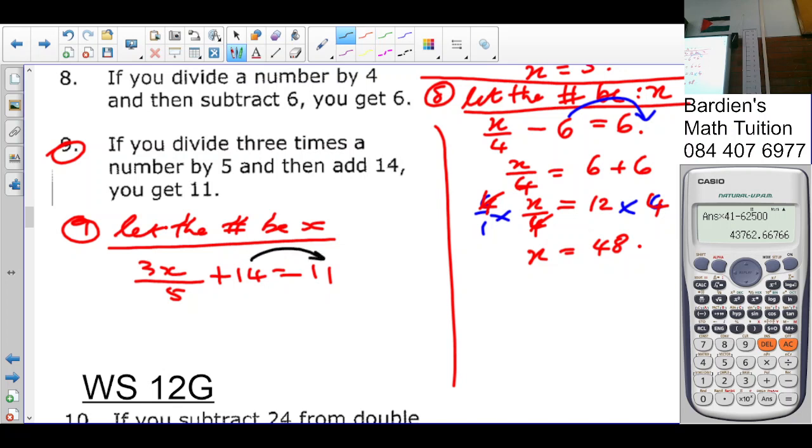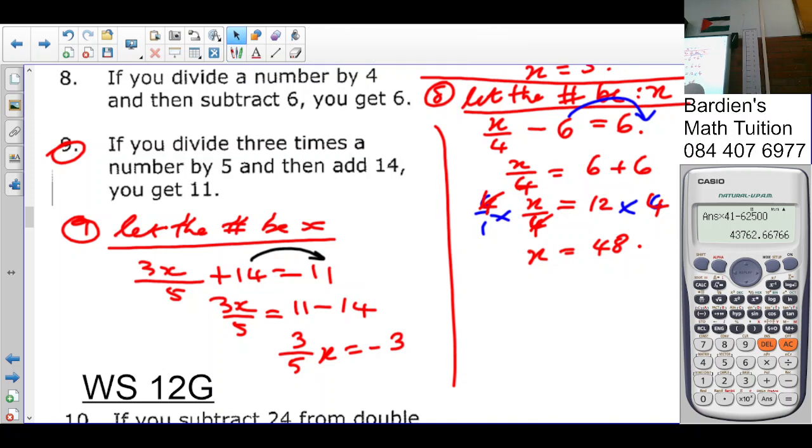Take the 14 over the equal sign. Here comes 3x over 5 is equal to 11 minus 14. So what's 11 minus 14? Negative 3. So how do I get x on its own?